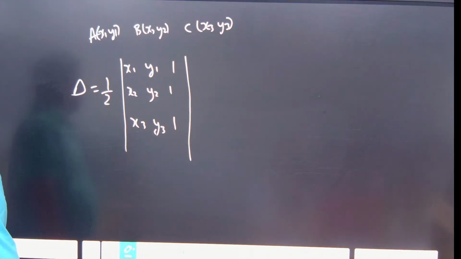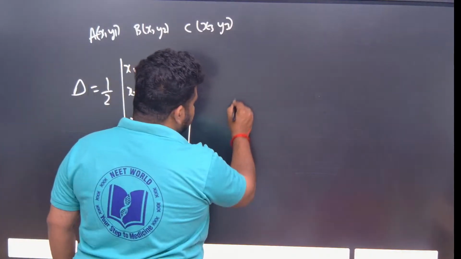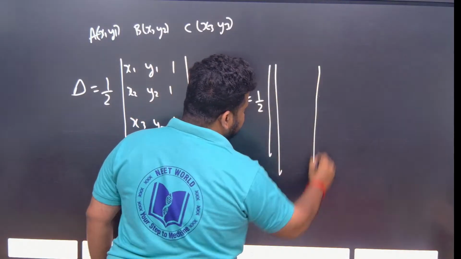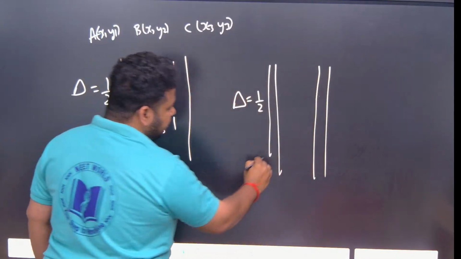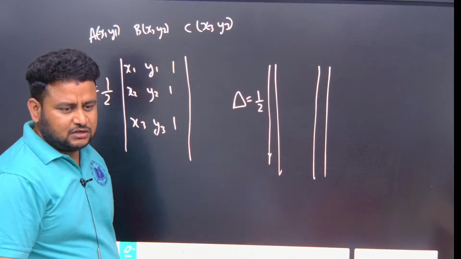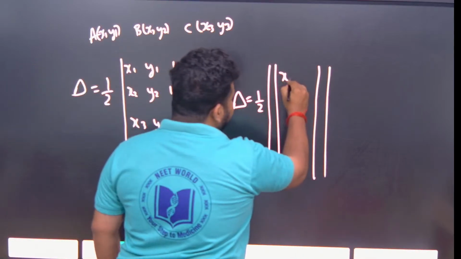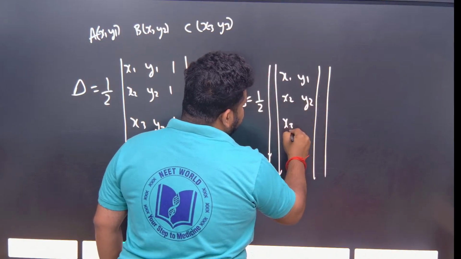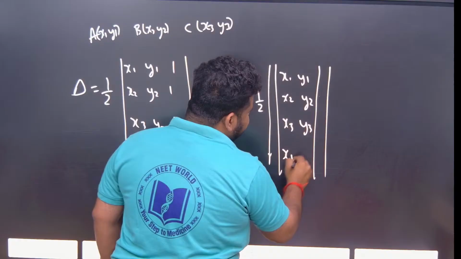Another one, ladder formula, do you know? Another one is called the ladder formula. So delta is equal to half into, you will write the ladder, but that doesn't mean the ladder is something, I am just writing the ladder. So in the ladder formula, first you will write x1 y1, x2 y2, x3 y3, after that again you will write x1 y1.